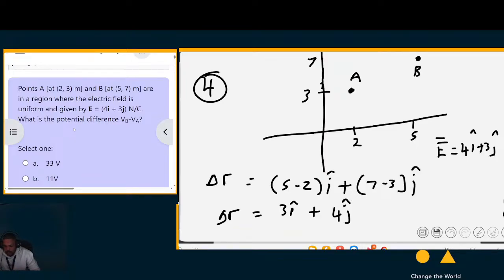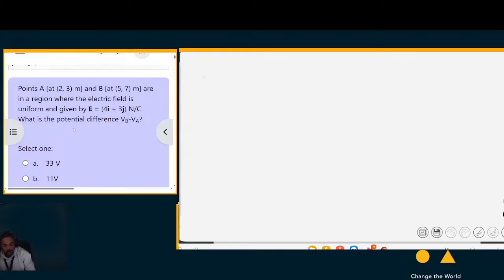Now if we calculate the potential difference, how do we calculate it if we have the distance between them? We know VB minus VA is equal to the negative of the electric field, this is a formula in your textbook, dotted with the position between them, or the distance between them.